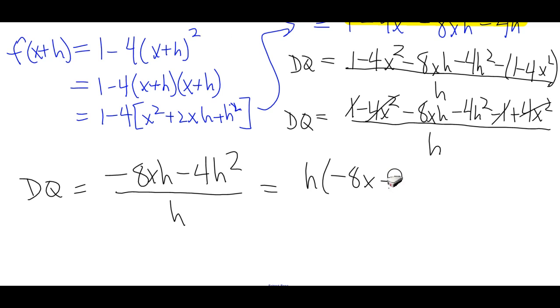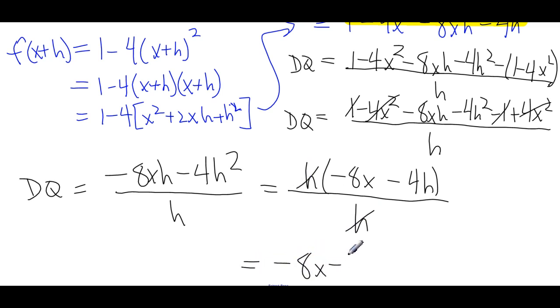I'm just pulling the h out. I'll be left with a minus. If I pull the h out, I'll have 4h to the first power, and then over top of h. The h's cancel, and so I'm left with negative 8x minus 4h. Alright, so there's the difference quotient. And again, you did something similar to this in Pre-Cal 1.